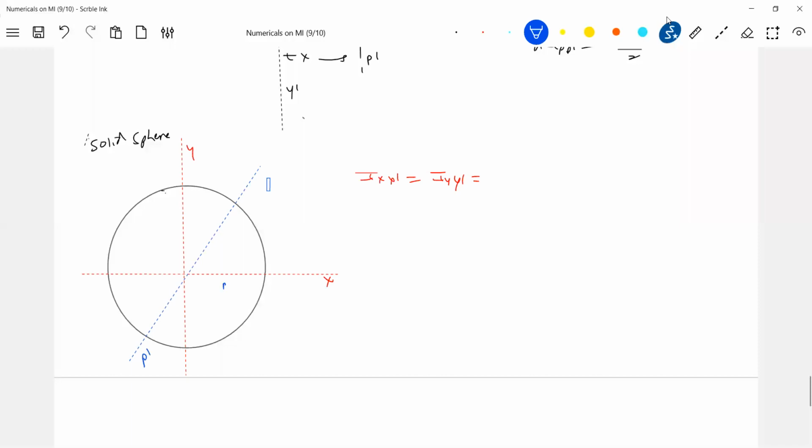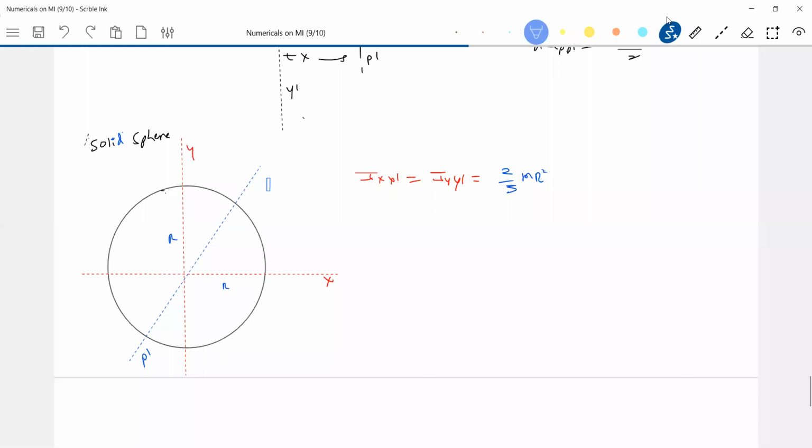This should be equal to 2 by 5 mr square. This is very important in the moment of inertia chapter. We use this very exclusively. In books they have shown it. Just do remember, just go through once. What is the method involved? A lot of integration we are going to apply. That mathematics I feel may not help us anywhere, so straight away I'm just trying to avoid that mathematics. If you are interested, you can go through it.